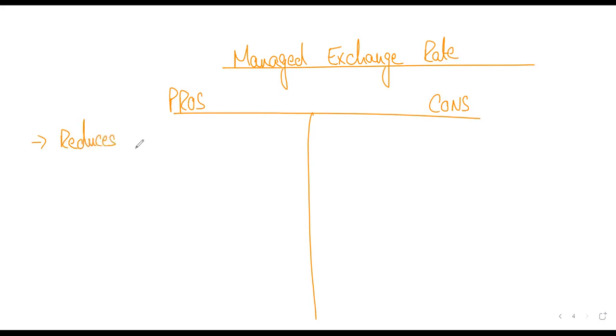That it creates a lot of uncertainty. Reduces uncertainty in exchange rate fluctuations.